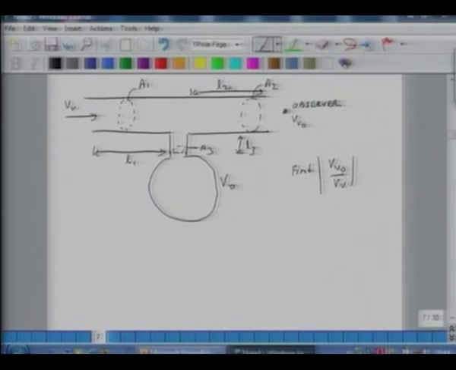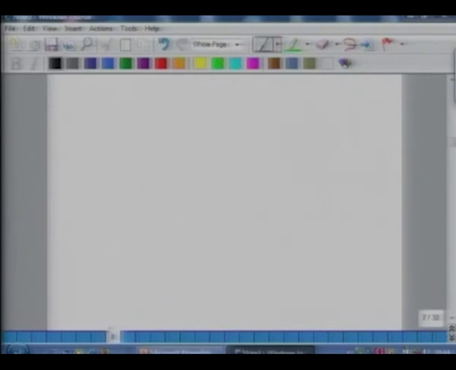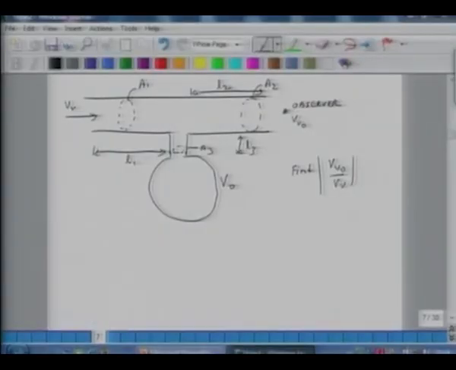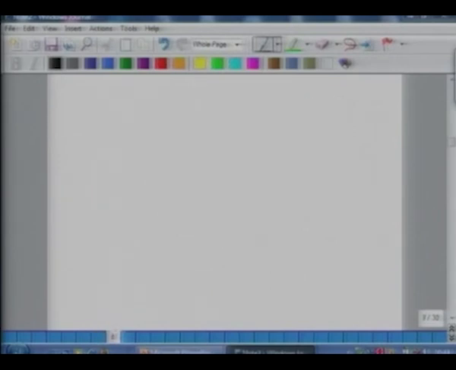So we draw an acoustic circuit for this. In this case, because Vv happens to be a through variable, we'll use the impedance analogy. So my pressure is analogous to voltage, and Vv is analogous to current.